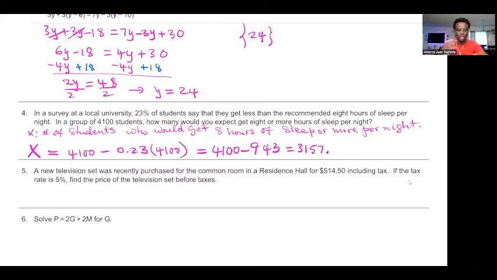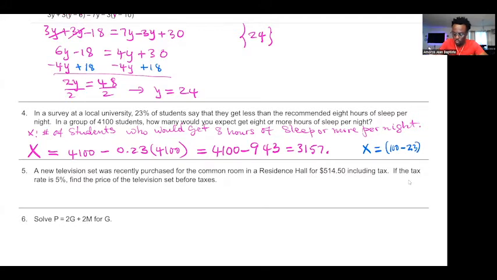or you could just subtract 23% from 100, because the 4,100 is the 100% of students that were surveyed. And then you would say X equals 100% times 100% minus 23 divided by 100.